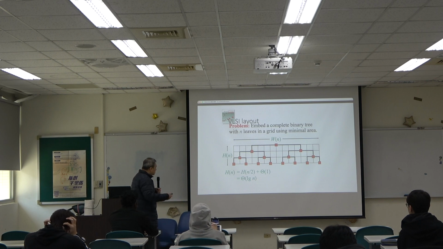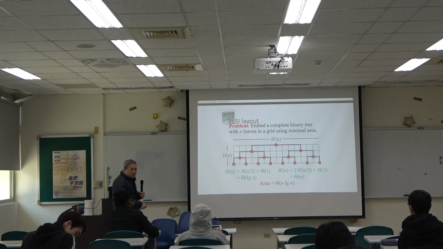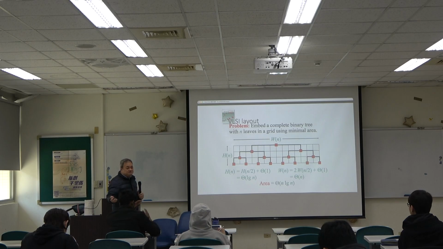The width, regardless of whether you write it in recursion or not, is linear in the number of leaf nodes. So as a result, the area will be on the order of n log n. Any questions with that? Should be very straightforward, right?